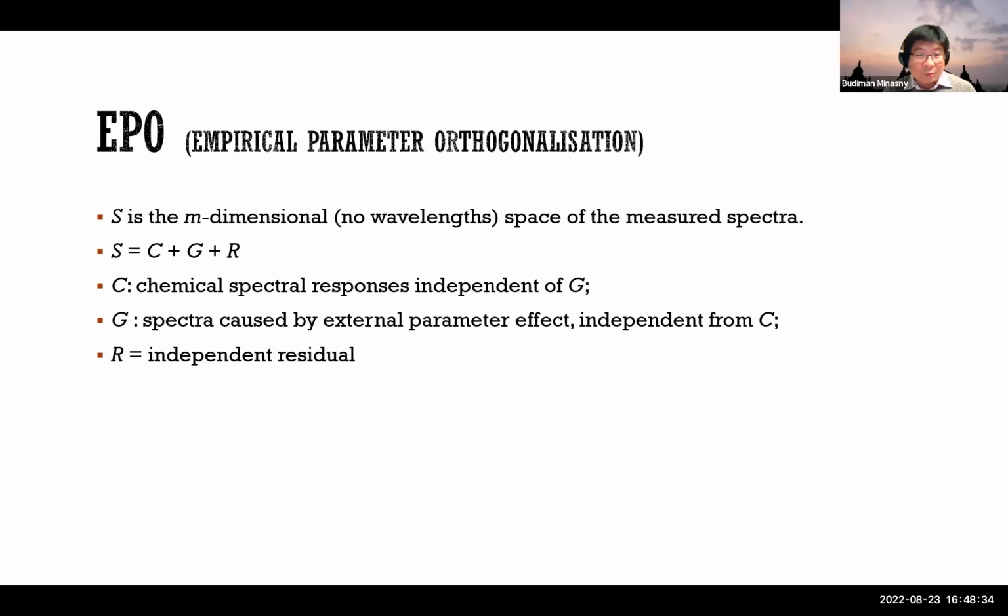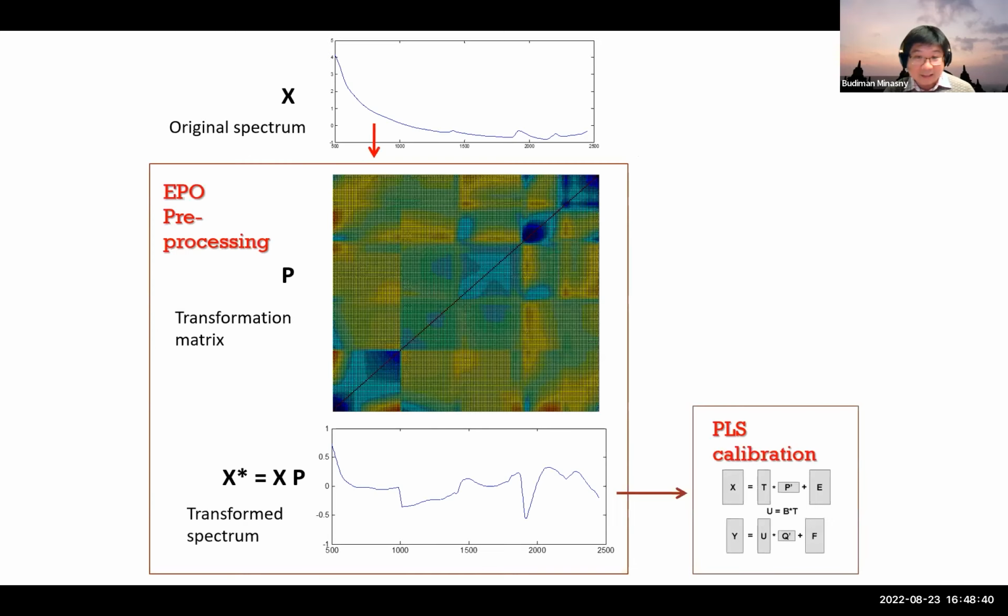Then we try to do this with a correction, what we call external parameter orthogonalization. What it is, we need to find a transformation matrix that pre-processes the original spectrum into a transformed spectrum, which is not sensitive to the variation in the moisture.